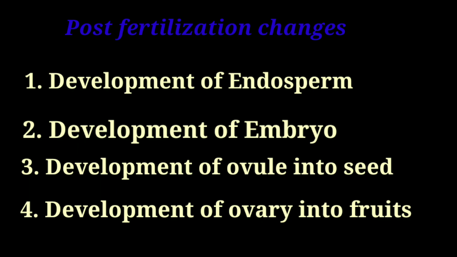Then the development of the embryo from the diploid zygote is the next change. The third is the development of the ovule into mature seeds. And the fourth is the development of the ovary into fruits.